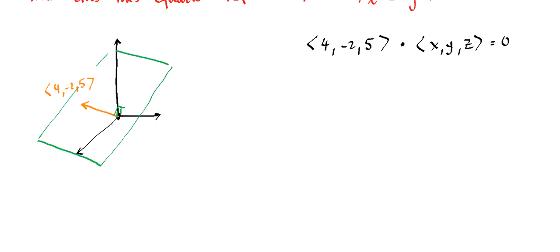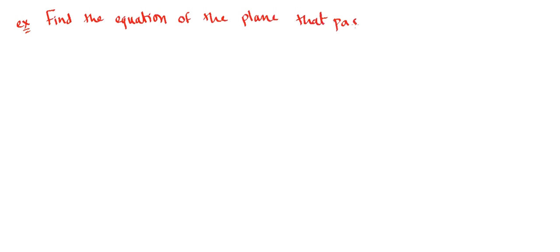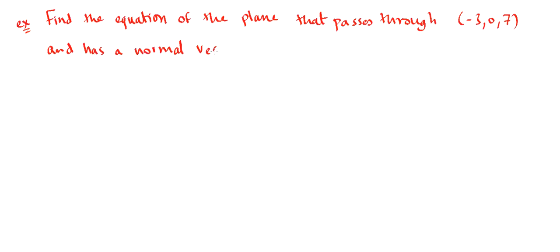Okay, let's have a different example. Let's say find the equation of the plane that passes through the point negative 3, 0, and 7, and has a normal vector 5i plus 2j minus k.